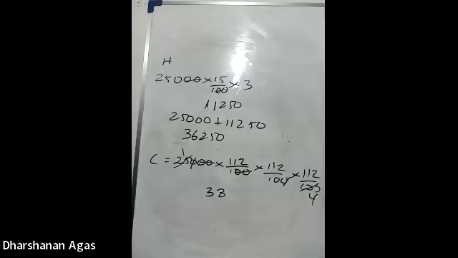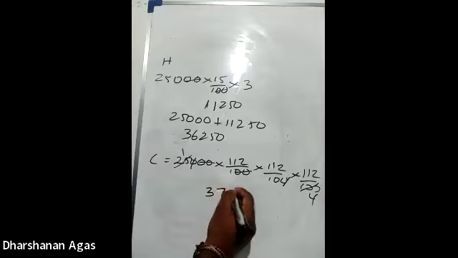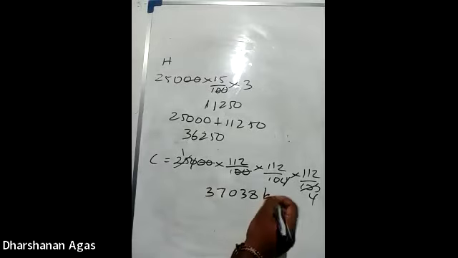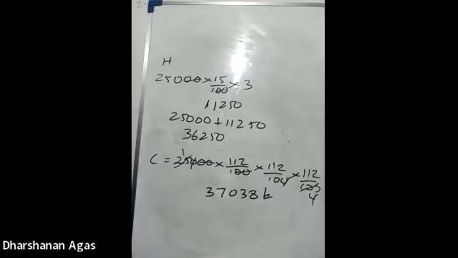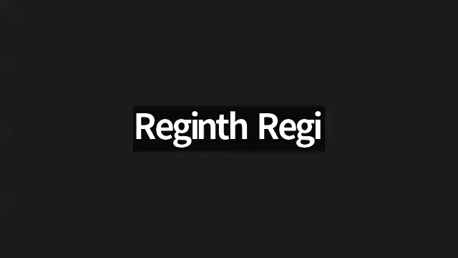Ranjit, what's your answer? 37,030. So 37,038. Then who is receiving more money? Kasim.